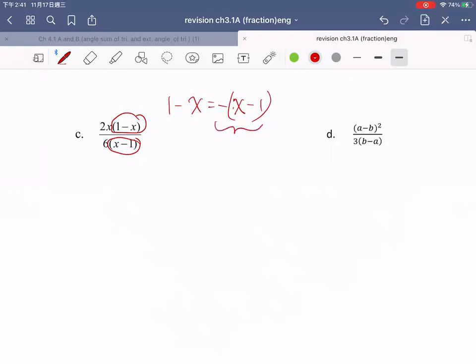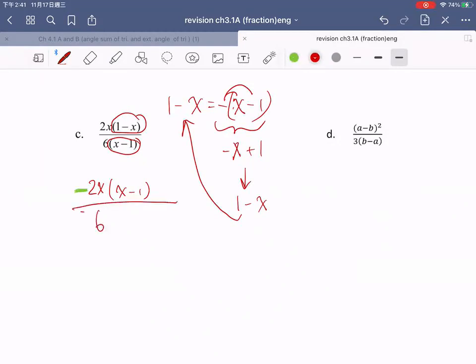And we can check: negative x plus 1, of course, is 1 minus x. That is the sign. So we can simply write 1 minus x as x minus 1 with a negative sign.